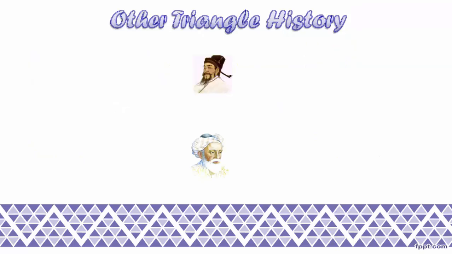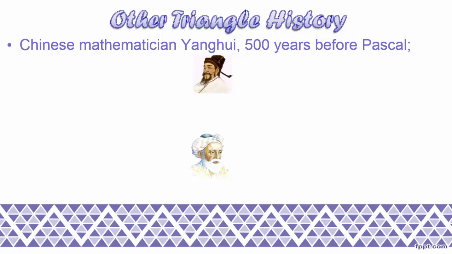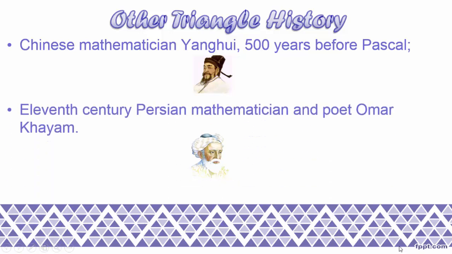Other triangle history. Chinese mathematician Yanghui, 500 years before Pascal, also found a triangle that was the same as Pascal's. In the 11th century, Persian mathematician and poet Omar Khayyam did the same.